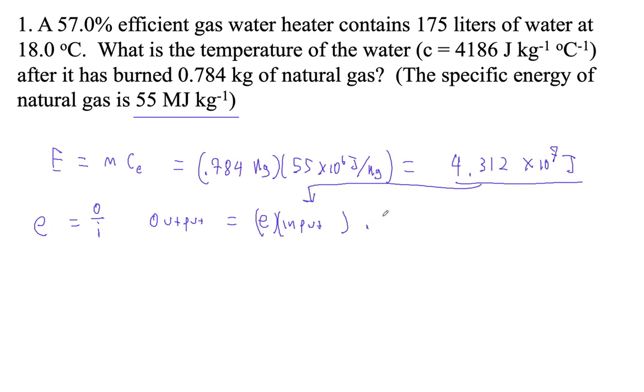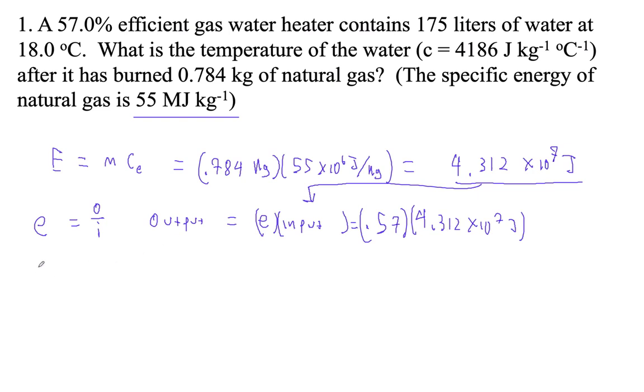So it's going to be 0.57, our efficiency, times 4.312 times 10 to the 7th joules. And that's the energy that goes into the water.